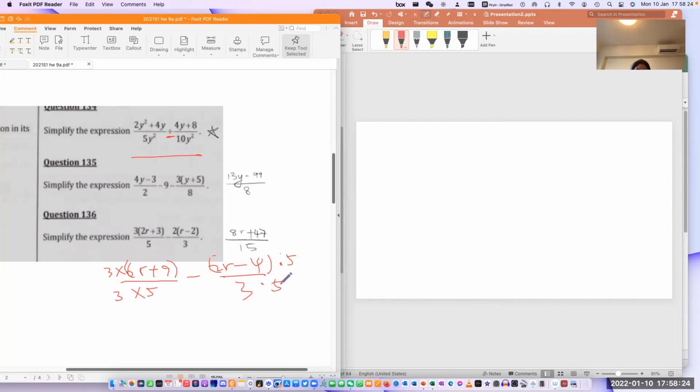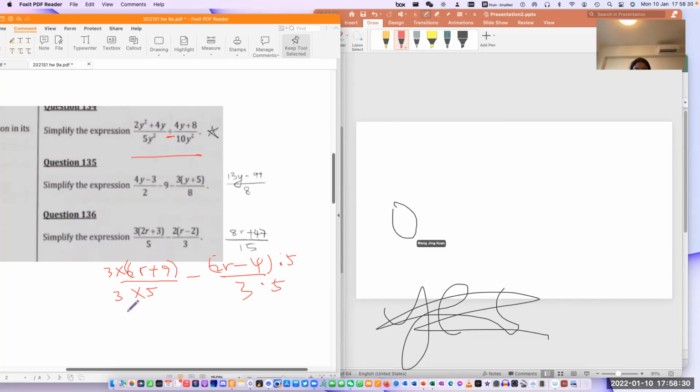Do you think you should do it this way, open a bracket first, then make the denominator the same? In fact, I suggest you should not open and do. Let me tell you why. When I open the bracket first, and then go and make the denominator the same, I find it's harder. Let me show you.